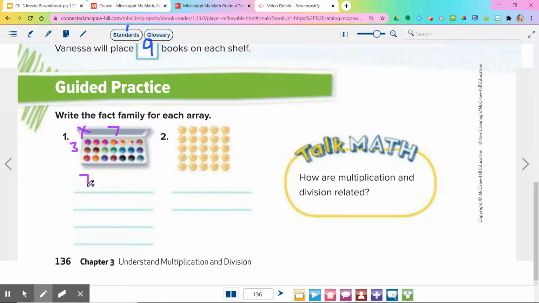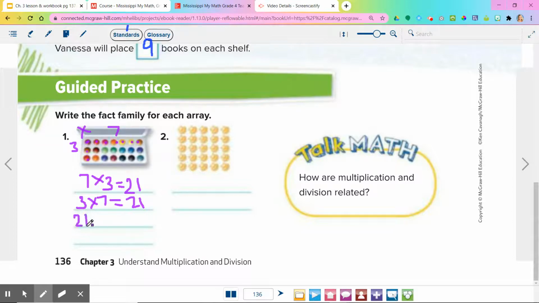So I'm going to start out with my multiplication sentence always. 7 times 3 is 21. Now I'm going to use the commutative property of multiplication, which is 3 times 7 equals 21. Now that I've done both of my multiplication sentences, I'm going to do my division. And remember, division is just like subtraction.